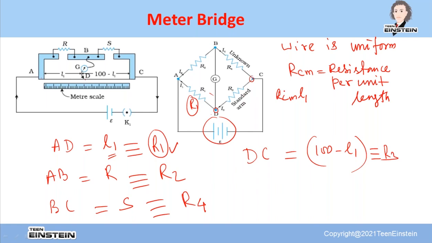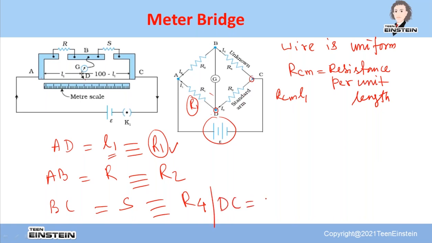Let me clean this portion. We have learned DC is 100 minus L1, into RCM. This much is the resistance, which is again equivalent to your R3.